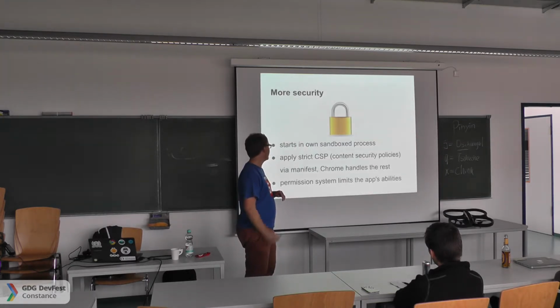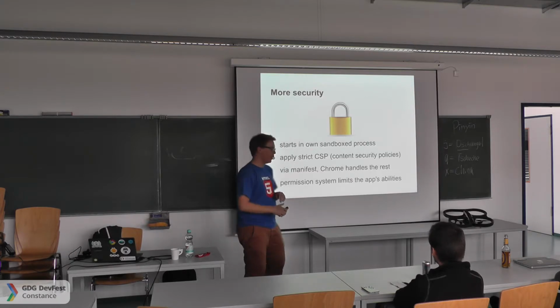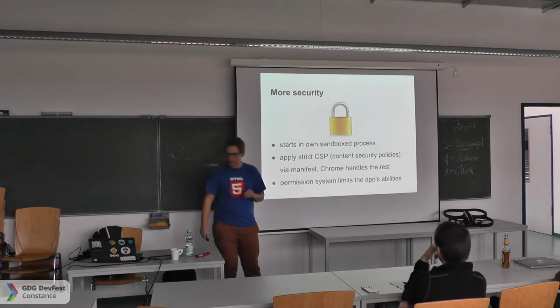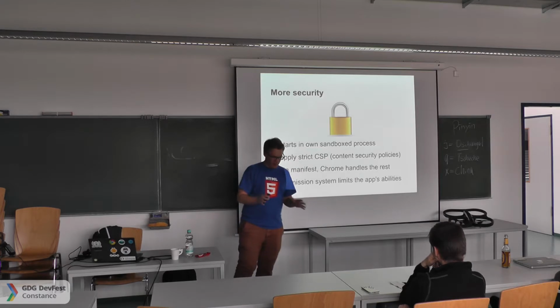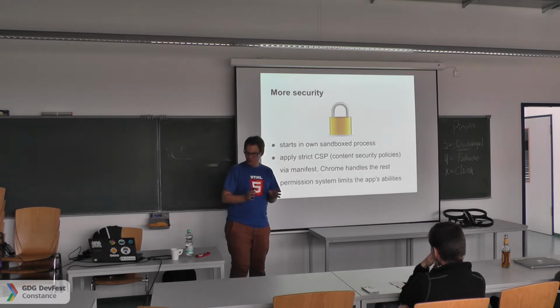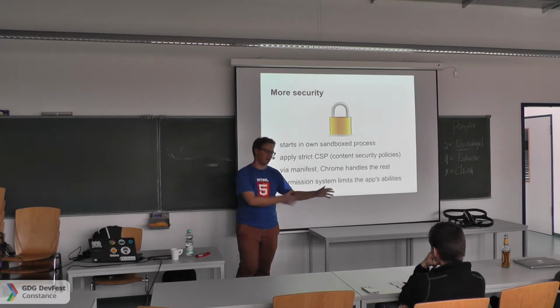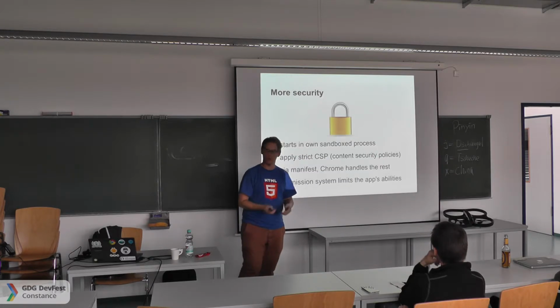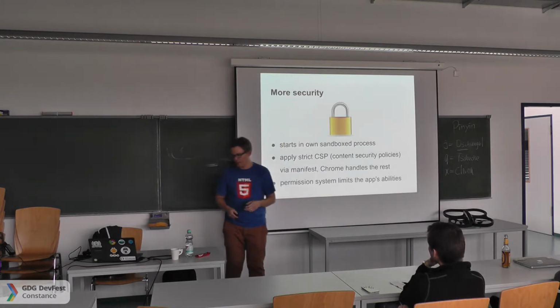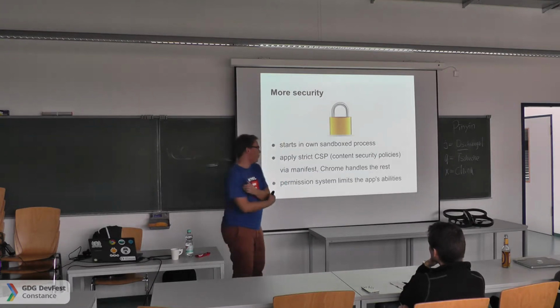So, security, I mentioned already. Each app starts in its own process. So if you have your tab with your online banking there, no problem. Your app can't access this, and anything that happens in one tab doesn't affect your app.